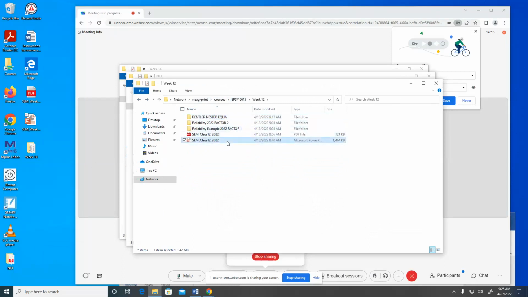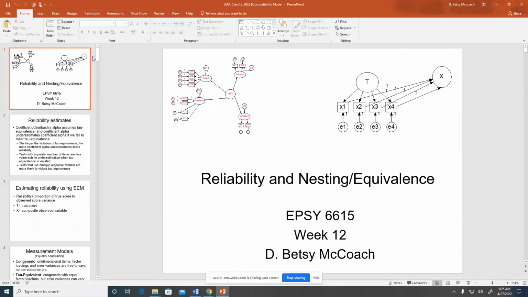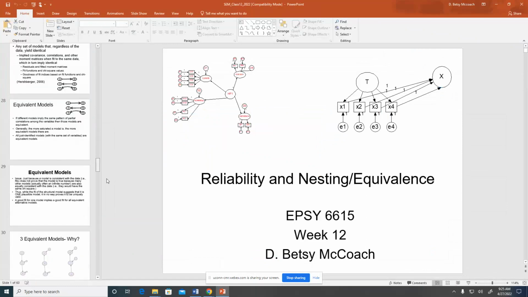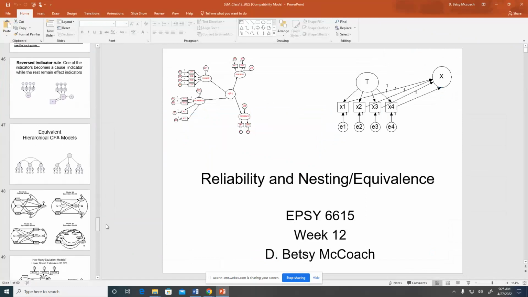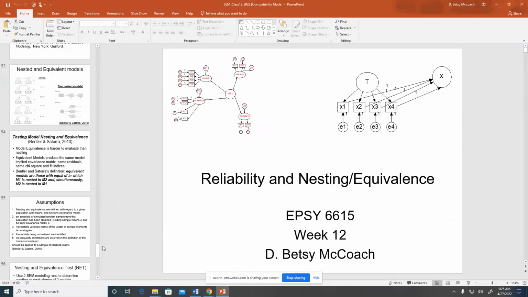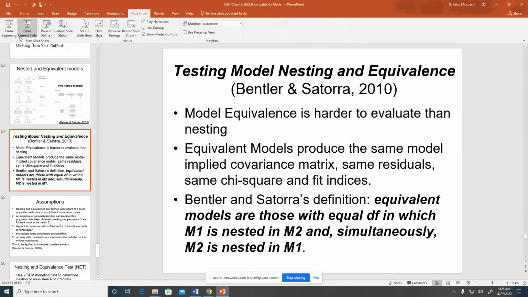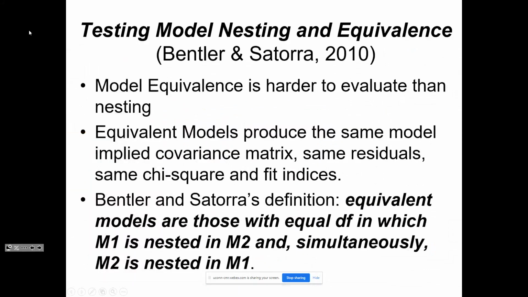Here we go. Copy. All right. Here we go. Nested and equivalence model. Current slide. There we go.